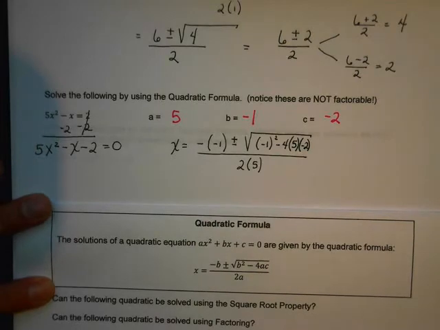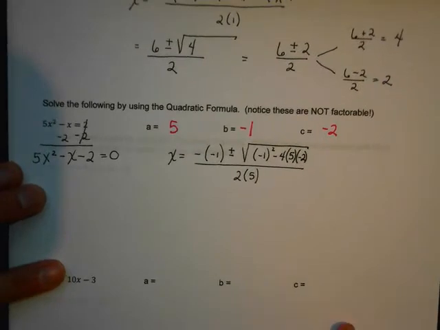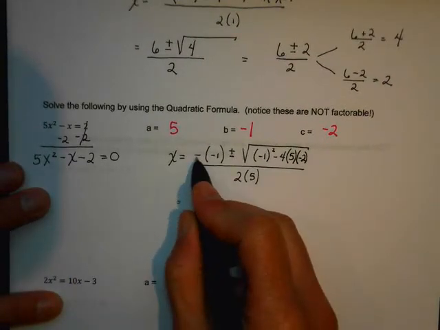Okay? All right, so let's pull out our calculator and see what this looks like. So we're going to have the negative of a negative 1 is 1, plus or minus the square root.